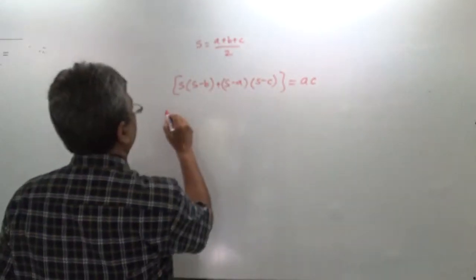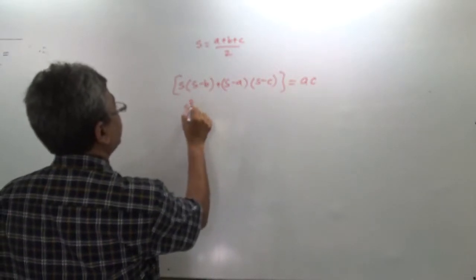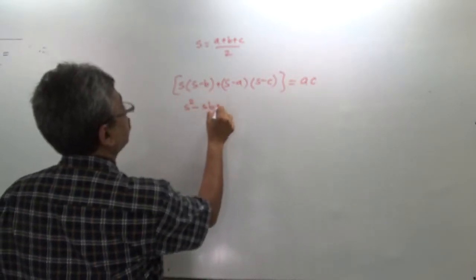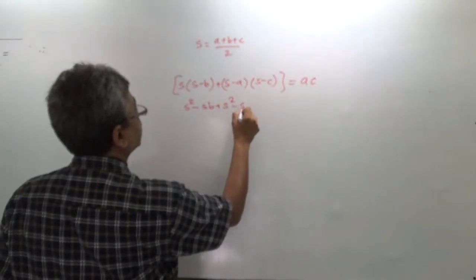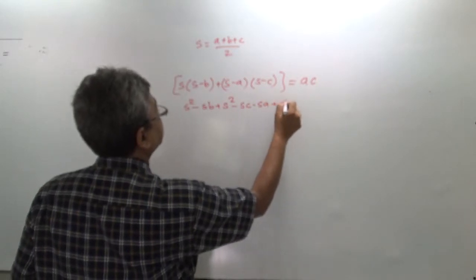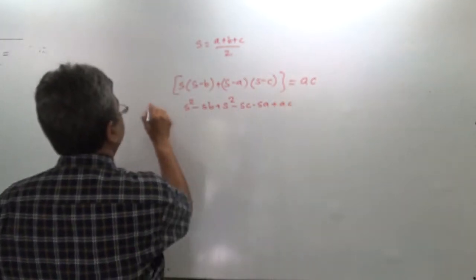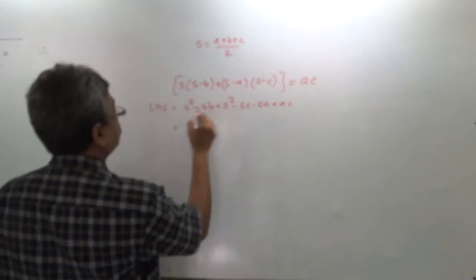Now let me solve. LHS, I simply expand: s square minus sb plus s square minus sc minus sa plus ac. That is LHS, which is 2s square.